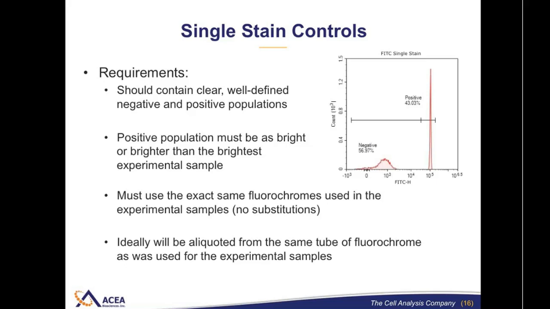And this can be problematic in some situations, particularly when using tandem dyes, and this is due to the potential differences in photobleaching. So, creating good compensation controls sometimes requires some thought, some creativity, and some work. And later on in the presentation, I'll share some problems and solutions for some common compensation challenges.